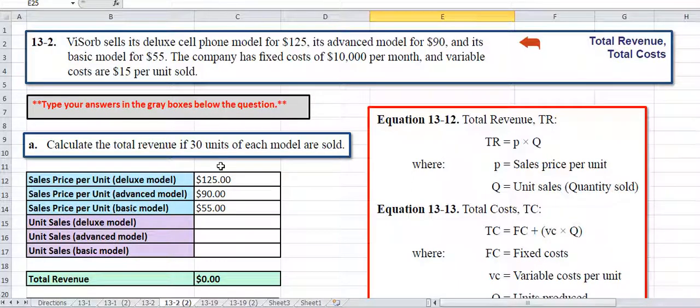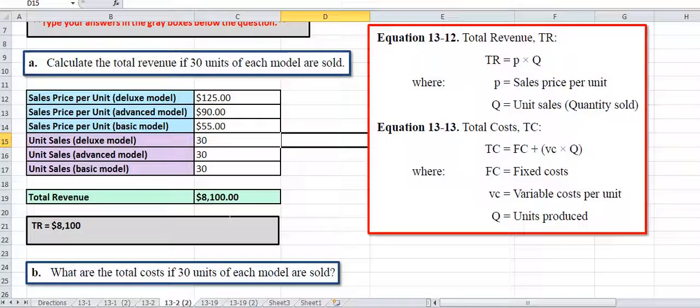So sales price in units. Okay, 30 of each one, right? So we put 30 right here, 30, 30, and 30, and that's going to give us our total revenue from our sales right here. Now we want to compare that to our total cost.